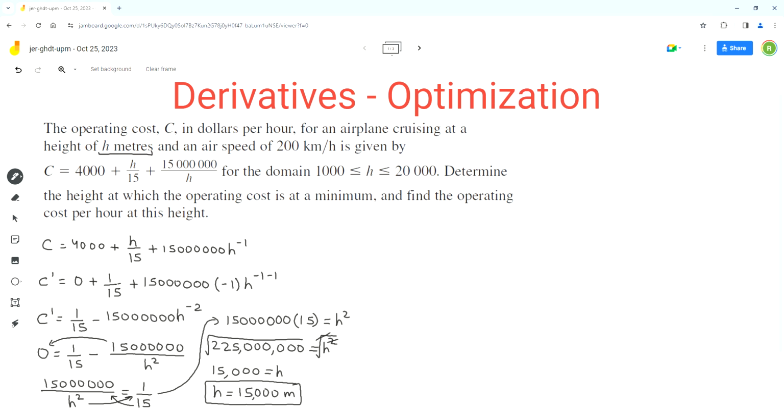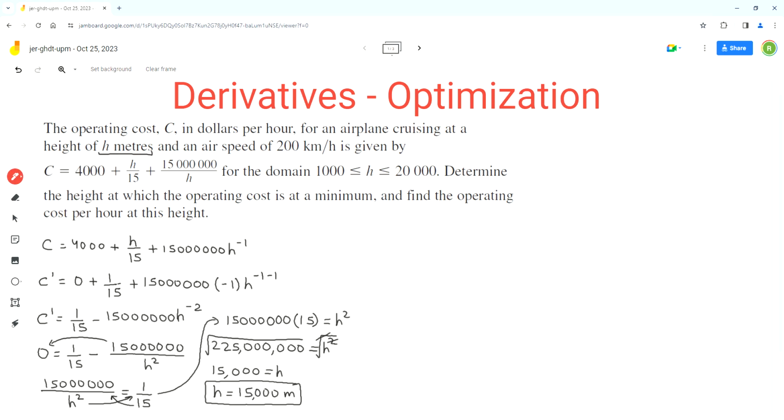Now we have to find the height at which the operating cost is at a minimum. So we'll calculate the operating cost at three heights: at h equals 1000, which is the lower limit of the given domain, then 15,000 meters, the value we just found, and then 20,000 meters, the upper limit of the domain. So let's start with C at 1000.